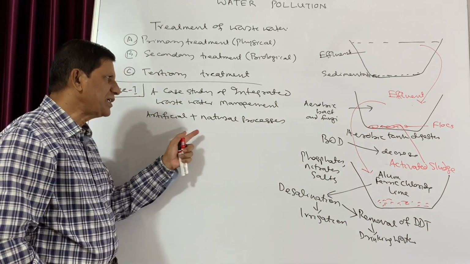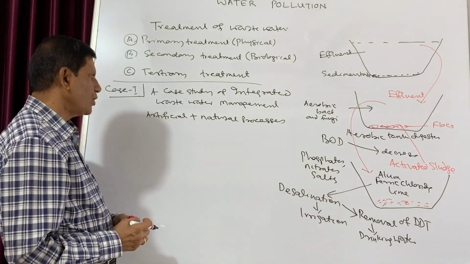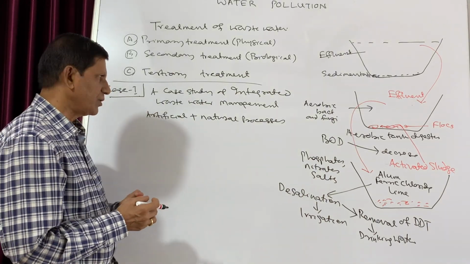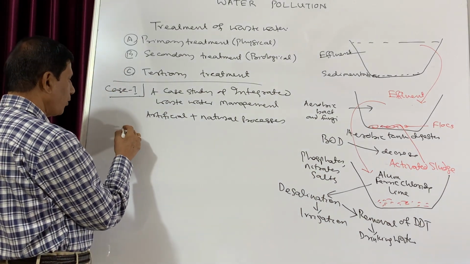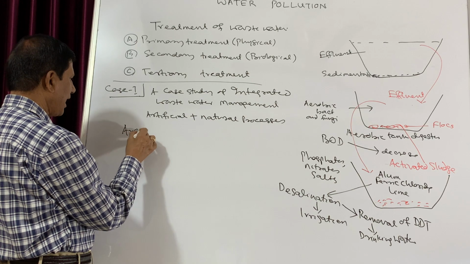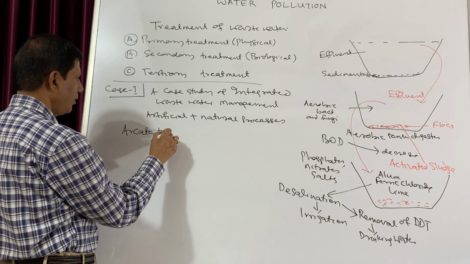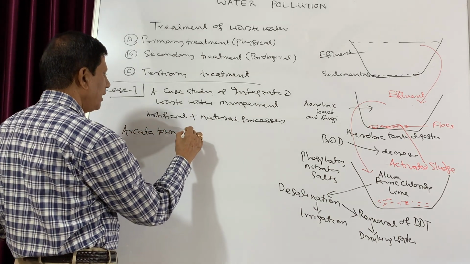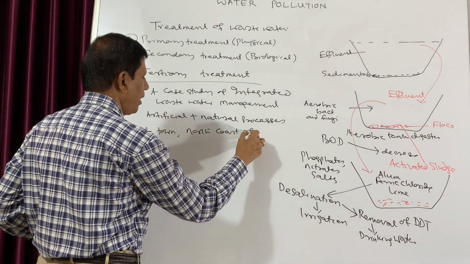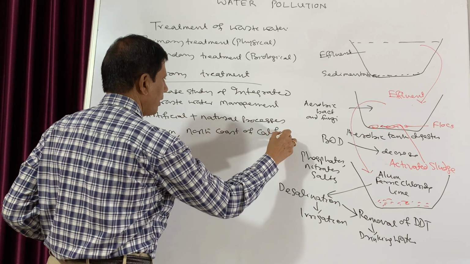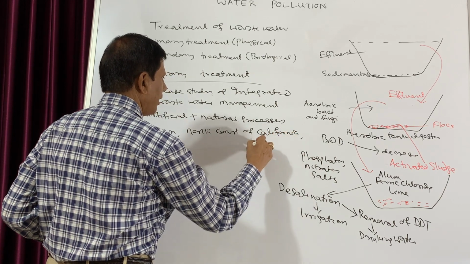That is, both artificial and natural processes are applied. So what usually happens? This case was taken in the town of Arcata, in the north coast of California, USA.